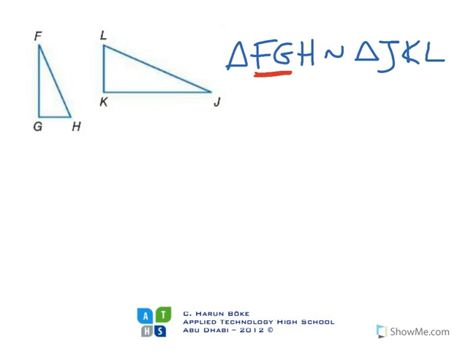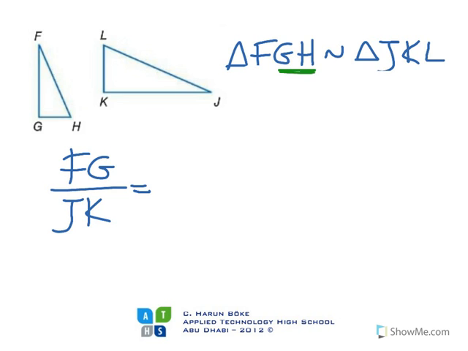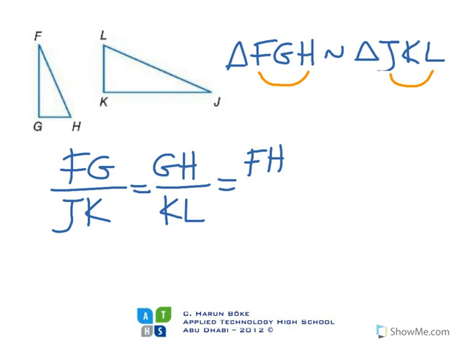We are going to use side FG and JK as in FG over JK equals, then we have GH and KL corresponding, so it will be GH over KL equals, and last, FH and JL, so it will be FH over JL.